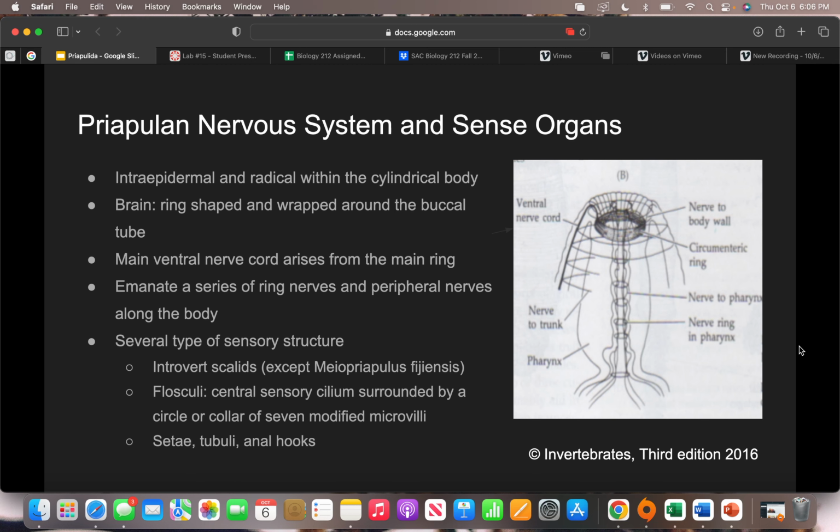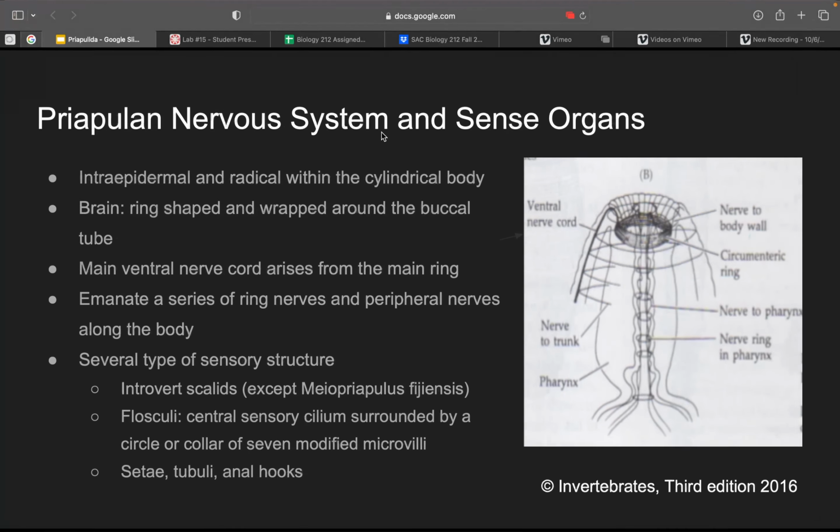So the nervous system and the sense organs. The priapulan nervous system is intraepithelial and constructed for the most part of a radial plan within the cylindrical body. The brain is ring-shaped and wrapped around the buccal tube in the anterior part of the introvert.